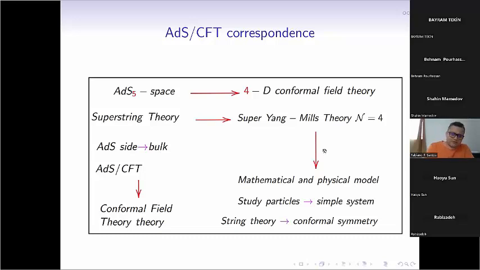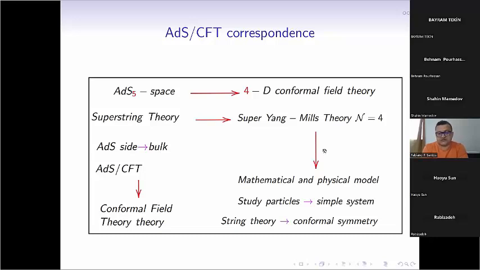The idea behind this duality is to perform a description of gravity in 4 dimensions using a conformal field theory. The conformal field theory is a theory that is invariant under a scale transformation for the boundary side, as you know.